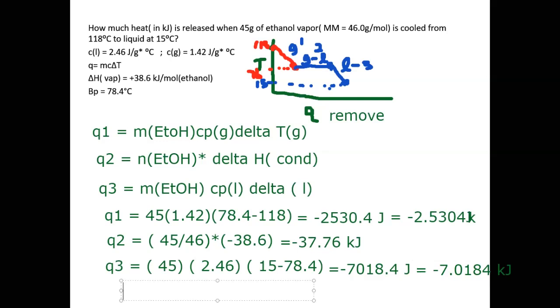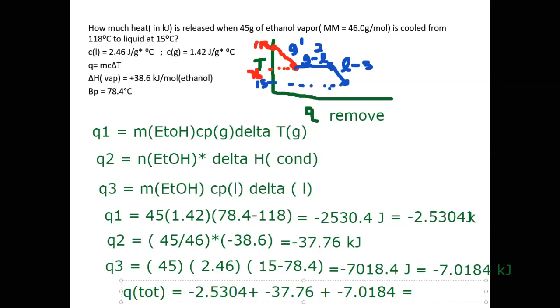So now we can find Q total, so we're going to add all three together. Let me double check my work.